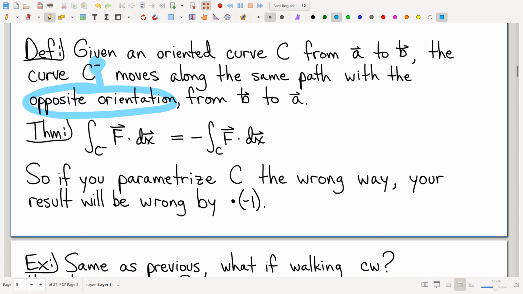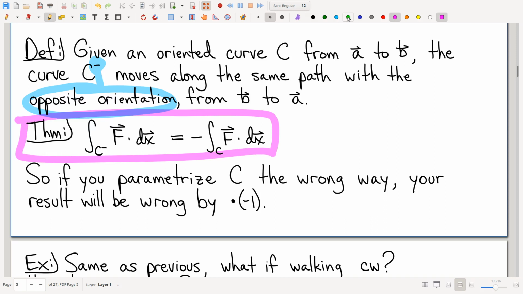It's very nice to have a handy little notation for this idea. And the theorem that we already just kind of talked through the intuition of basically just says if you go the opposite direction, then you're going to get the negative of the right answer. Or the negative of the answer that you would have gotten if you'd gone the other direction. What do you think? Is that believable?